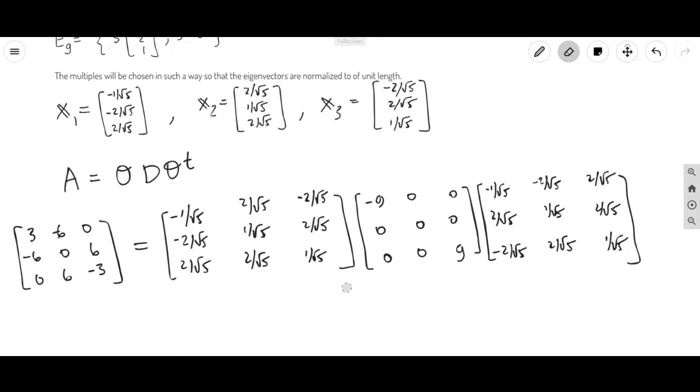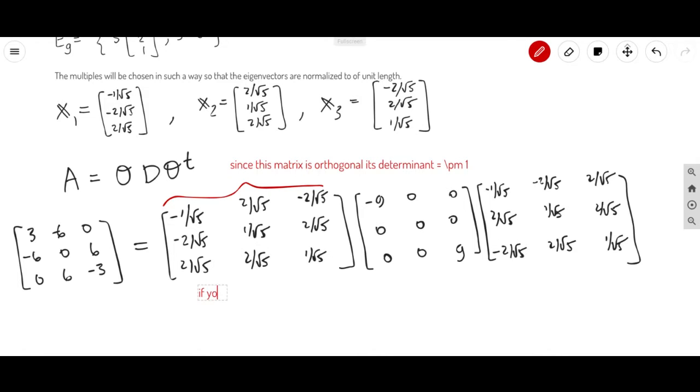Let me just make a comment over here. Since this matrix is orthogonal, its determinant is equal to plus or minus 1.